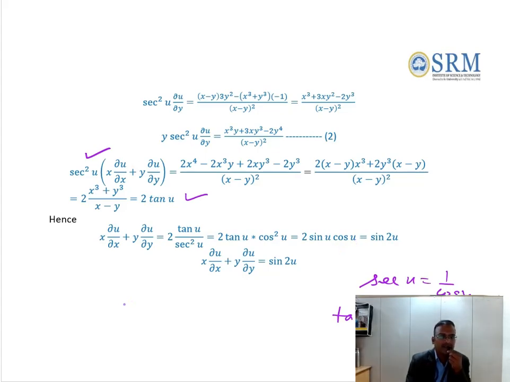And there is an identity, sin 2a equals 2 sin a cos a. By using this identity, we can write 2 sin u cos u equal to sin 2u. See, therefore, the final expression is x ∂u/∂x plus y ∂u/∂y equal to sin 2u.